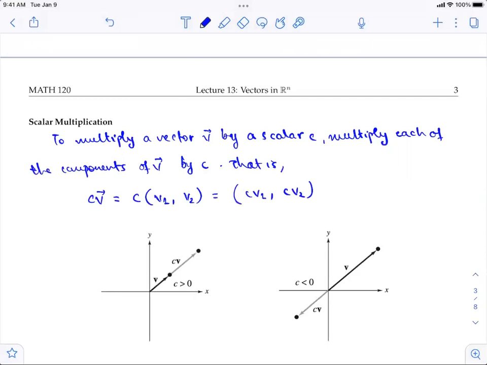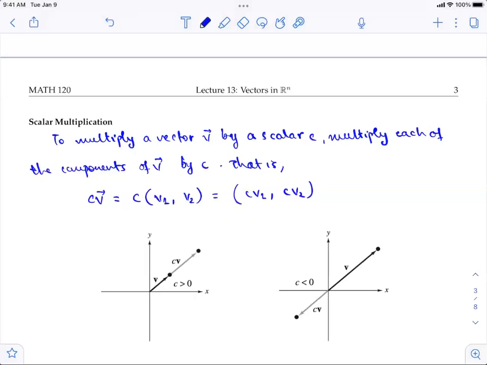And the value of c matters because c is going to be a scale for your vector, right? So you can scale it up, you can scale it down. You can make the vector longer, or you can make the vector shorter, right?